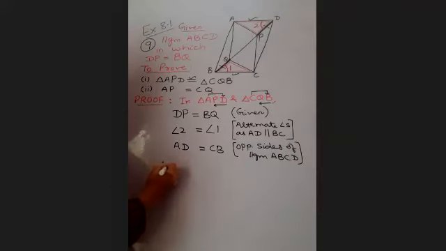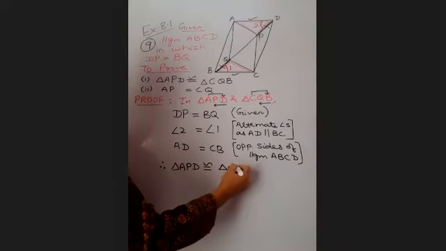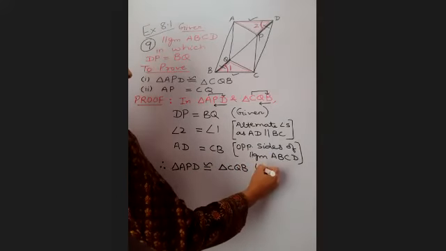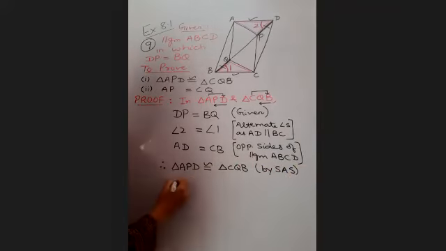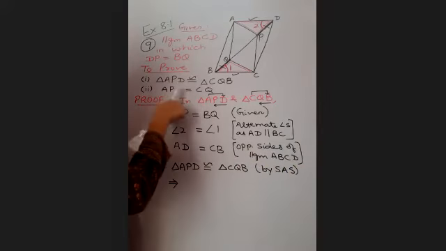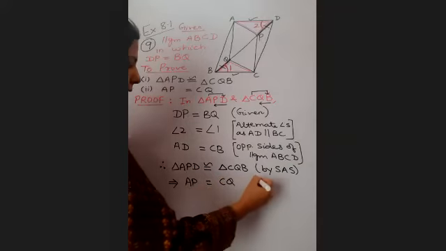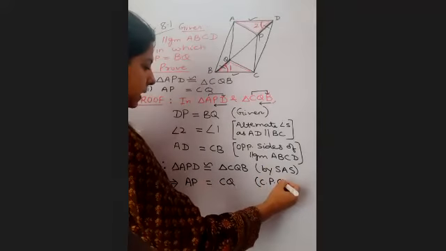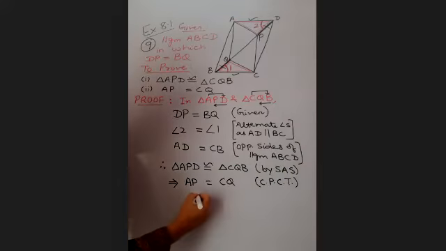So therefore, triangle APD is congruent to triangle CQB by side, angle, side, and this gives me AP equal to CQ by CPCT. Clear, children? Yes, ma'am.